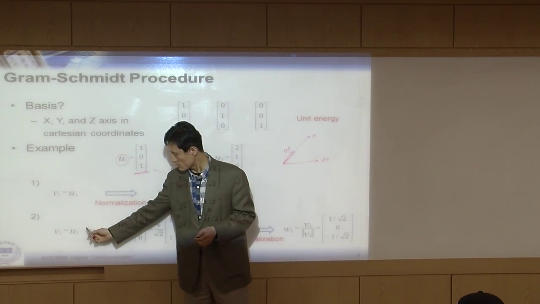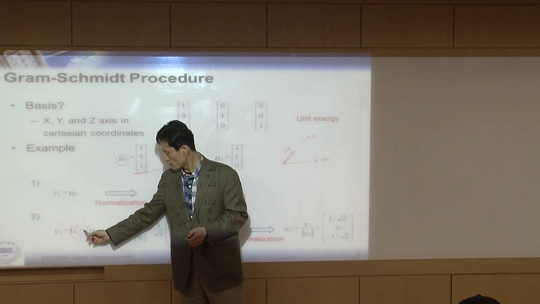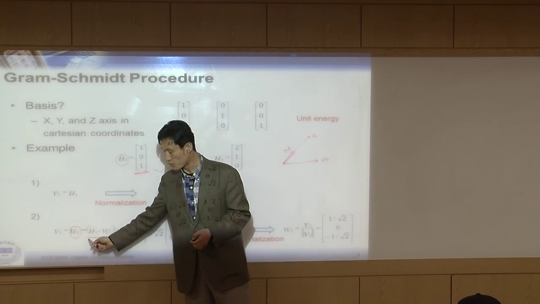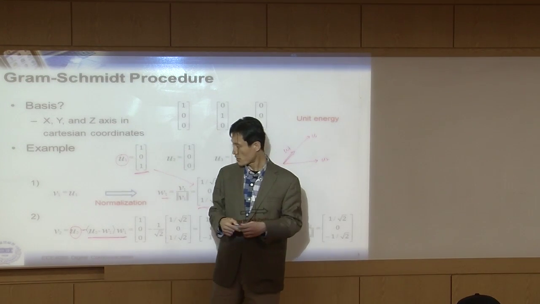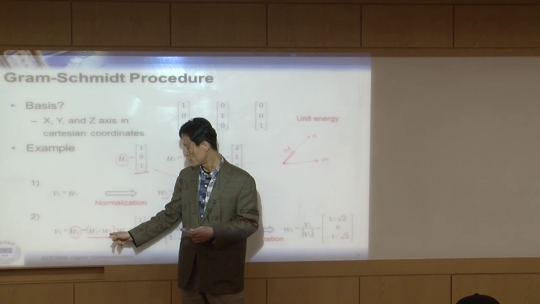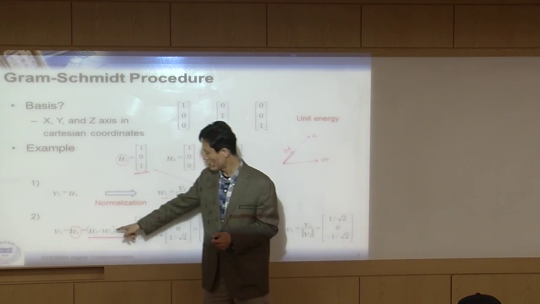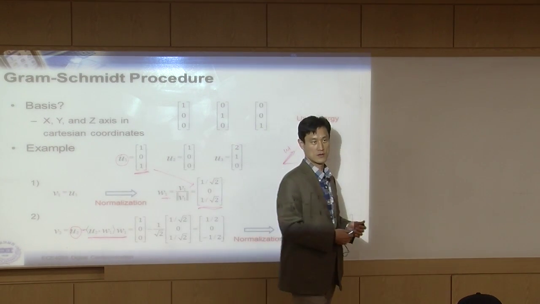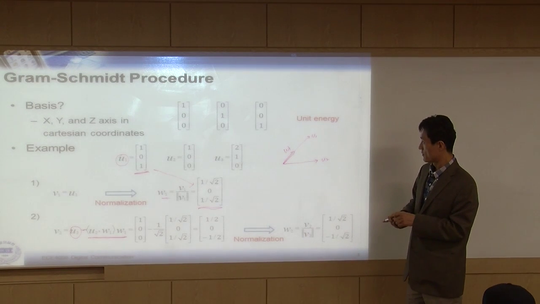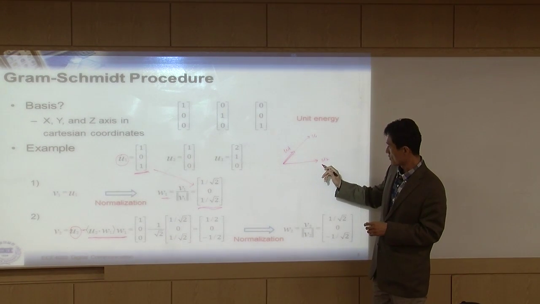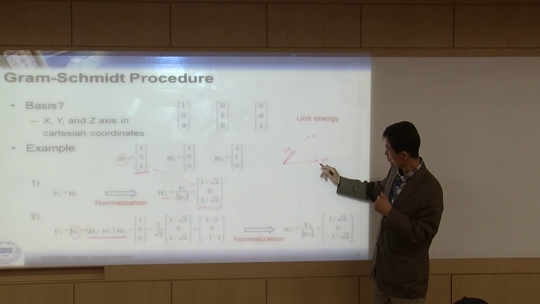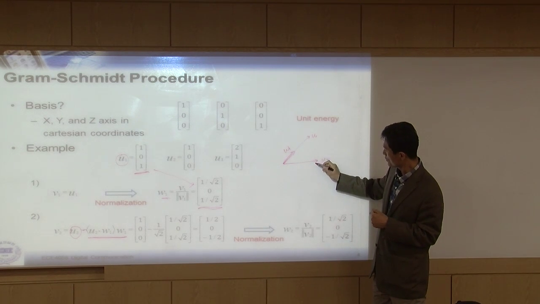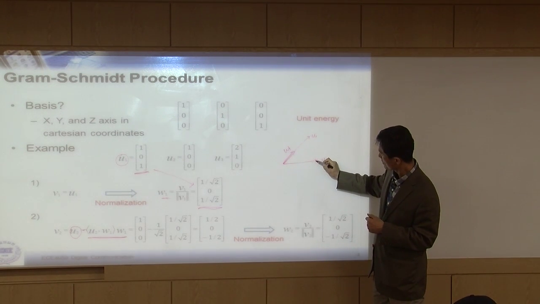How to do that is, from U2, you subtract the projection of U2 onto W1. You are trying to subtract the projection of U2 onto U1, for example.